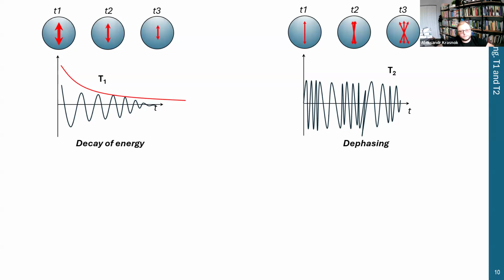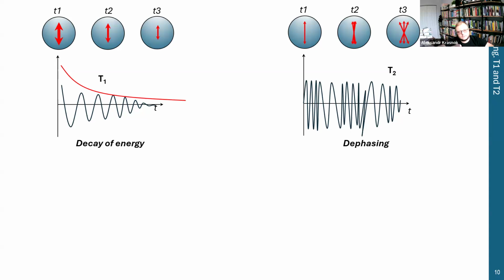Something noisy happens here, and noise means that if at the initial time moment T1, I have a very well-defined direction of the polarization of the field, for example, let's say it oscillates up and down like this.